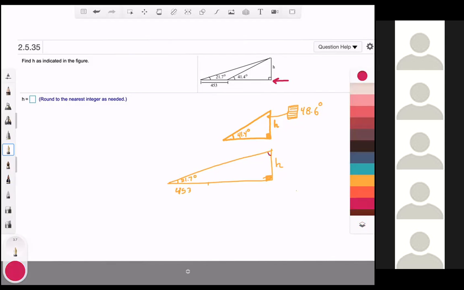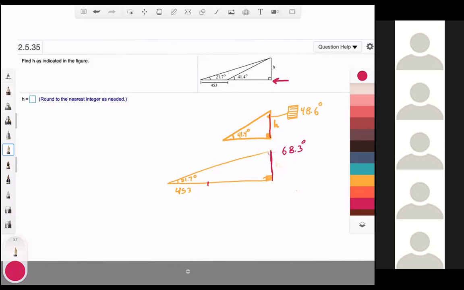We might not need it, but if you solve it, you will get 78.3 degrees. No, 80. It will be 68.3 degrees. Okay. So now we are looking for this height.